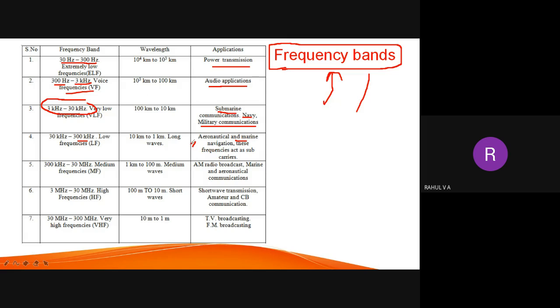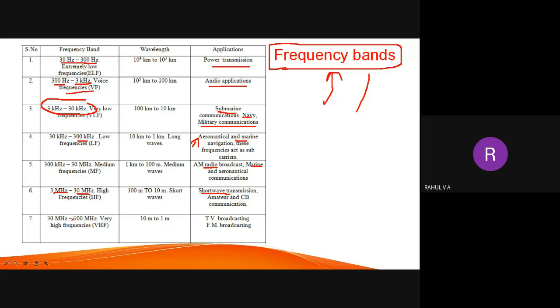And 300 kilohertz to 3 megahertz they are using for amplitude modulation radio broadcast, again marine and aeronautical communication. Then 3 megahertz to 30 megahertz is shortwave transmission, then amateur and TV communication.